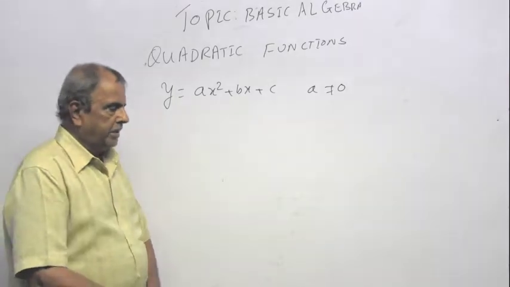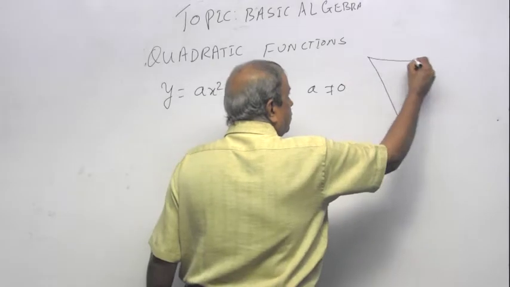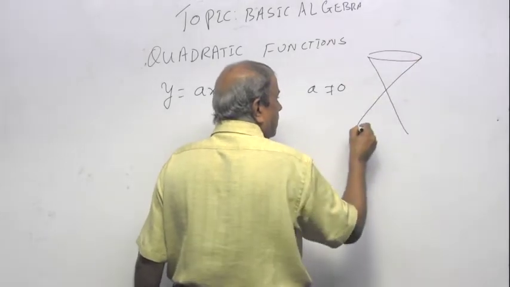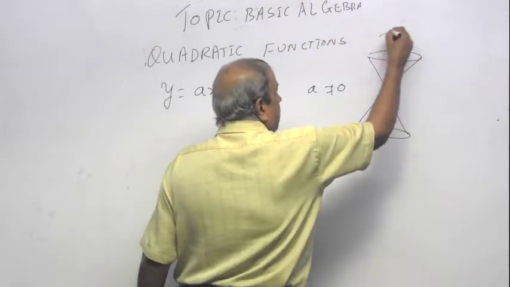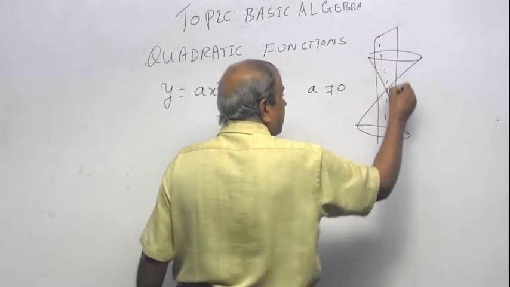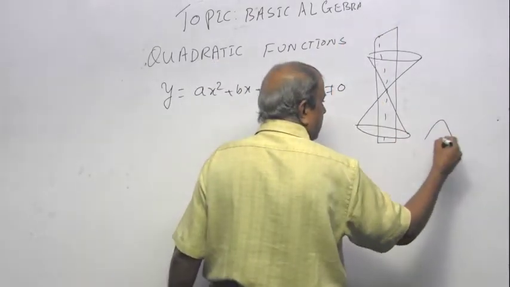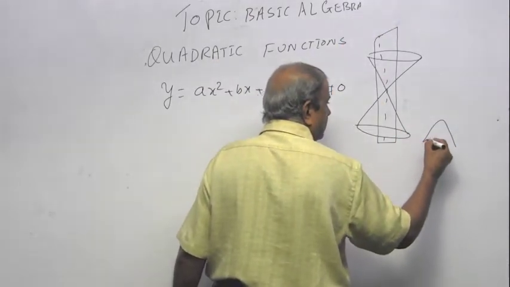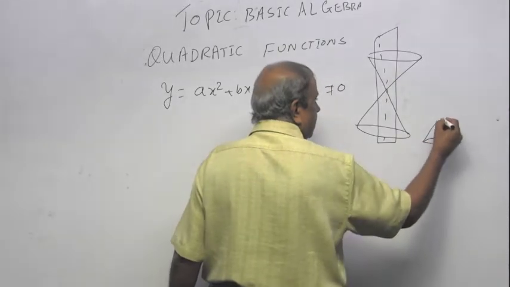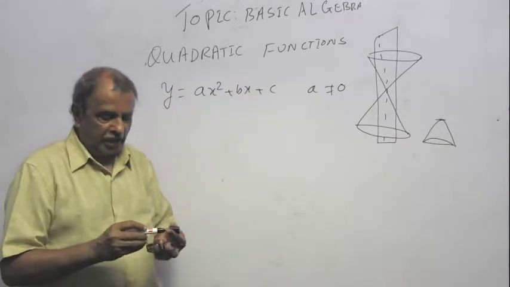What's a parabola? Imagine you have a double cone, and you slice it right in the middle along the line of symmetry. One piece will look like this. That piece is a parabola. They're called conic sections.